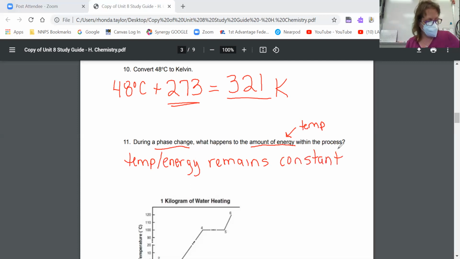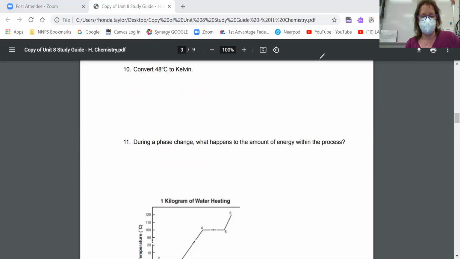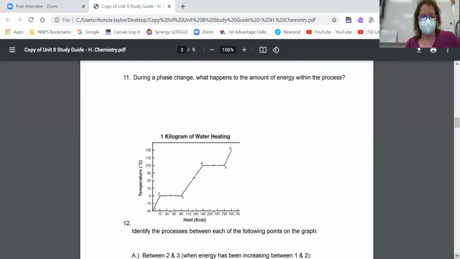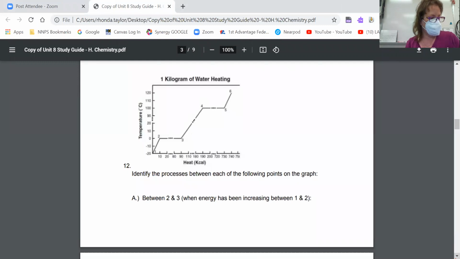That's because all the energy goes into breaking or forming those intermolecular bonds between the molecules instead of increasing the kinetic energy. So it's going into making or breaking those intermolecular forces.